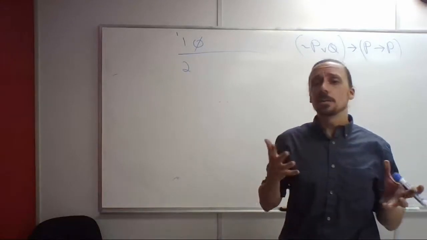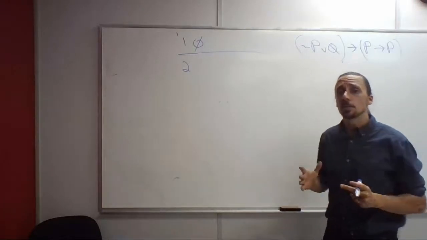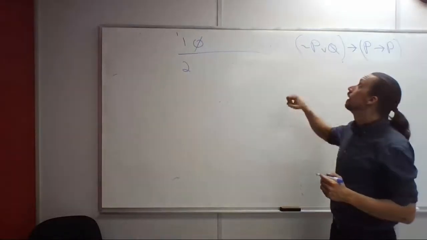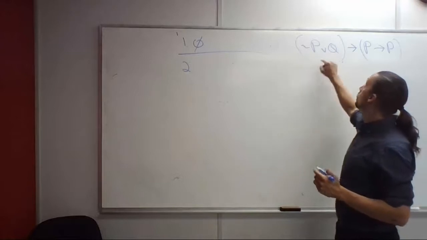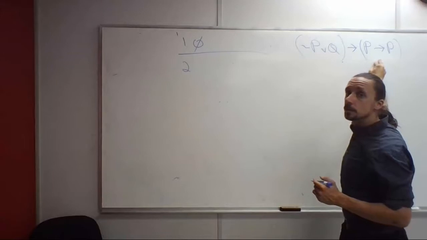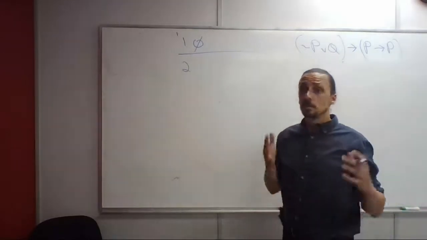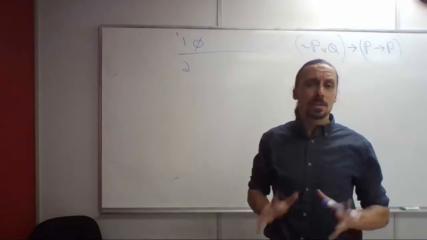We'd have a negated conditional, so if we wanted to use our expanded rule set, negated conditional would give us actually a lot to work with, because we would have not, if we negated this whole thing, we'd have this true and that false. And if this was false, if P then P is false, we could probably get a contradiction pretty quick. That'd be one way of doing it. Another way would be to use conditional introduction. Why don't we try that strategy?